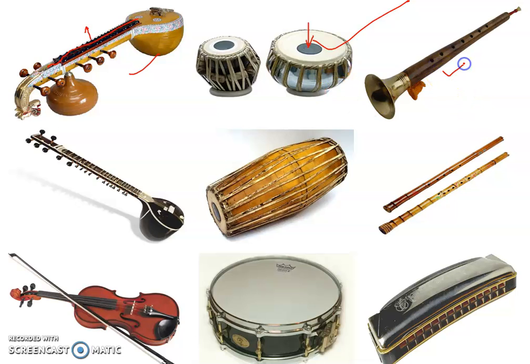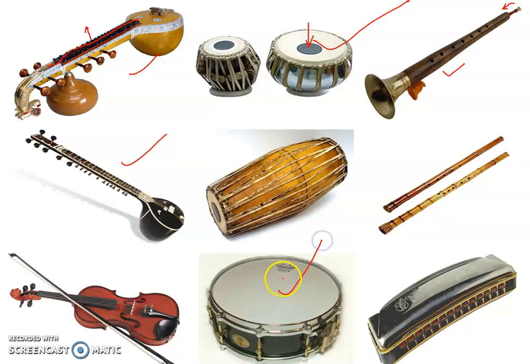In the senai, there is an air column. There is nothing but air inside this tube. When we blow air from this side, the air vibrates and produces the sound. In case of this veena, this mridangam, we also get sound.